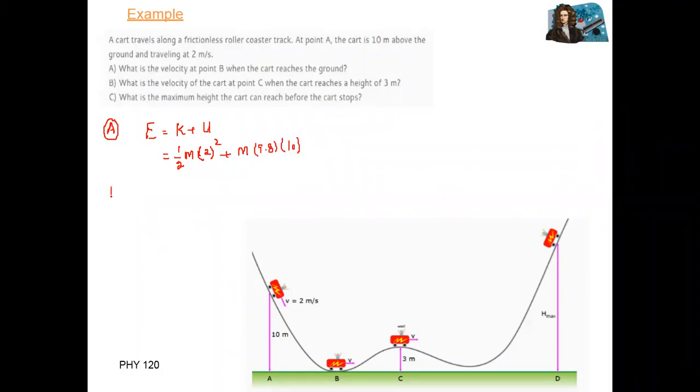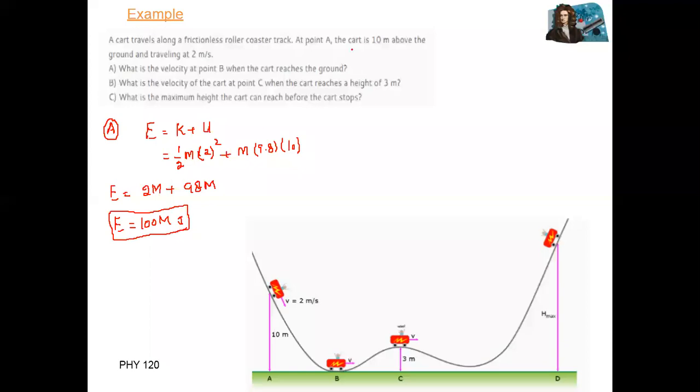So total energy equal to what? Total energy equal to 2 square 4, 4 divided by 2 equal to 2m plus 9.8 multiplied with 10 equal to 98 multiplied with m. M is mass. So adding 2m with 98, so total energy equal to what? 100 times mass is the total energy. You can see shown. Excellent. At position A.